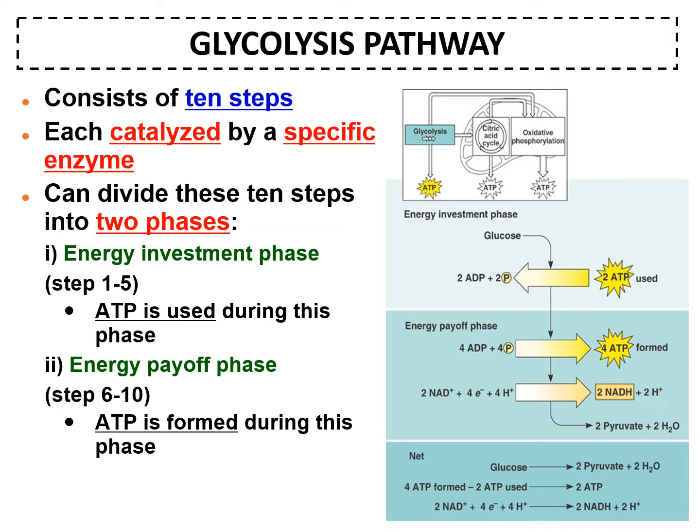The first phase is the energy investment phase, which involves step 1 to step 5. During this phase, energy investment means ATP is used, while the second phase is the energy payoff phase. During this phase, energy is yielded, or ATP is formed, during steps 6 to 10.